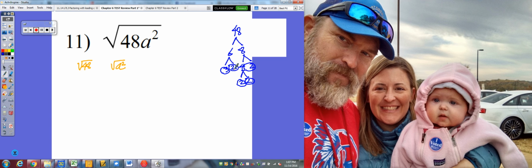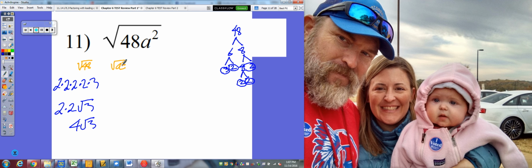We have 2 times 2 times 2 times 2 times 3. Well, this is a pair of 2's, one moves out. Another pair of 2's, another one moves out. And the 3 is by itself, so it stays in. So we get 4 square root 3.